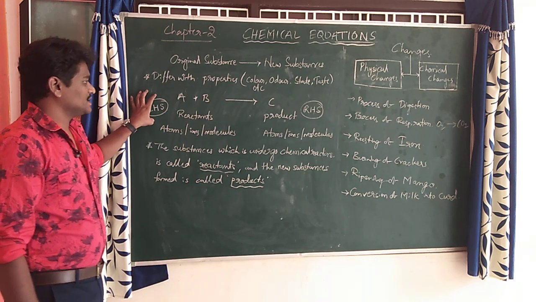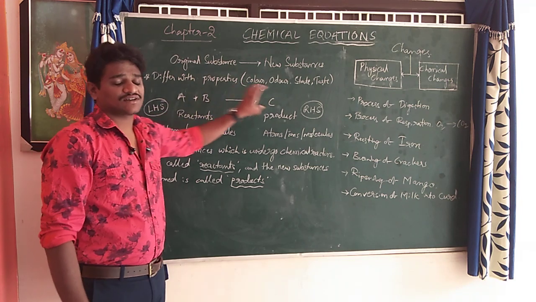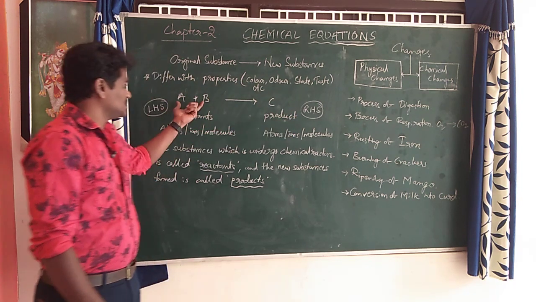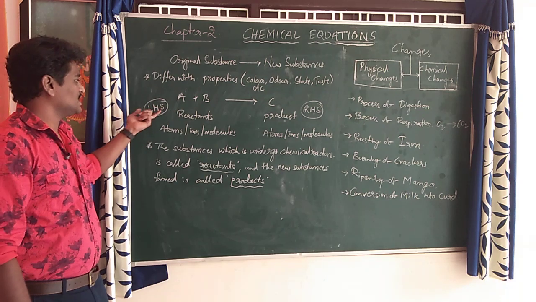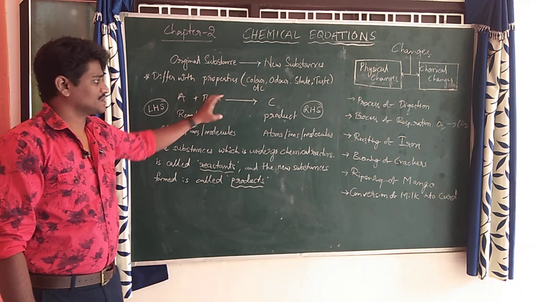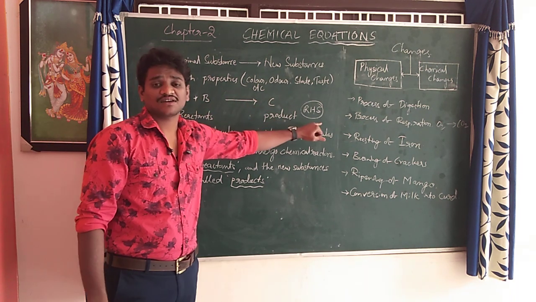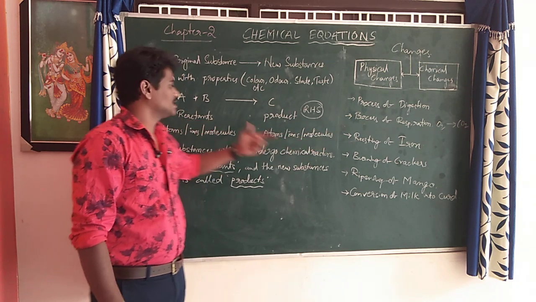For example, we are taking A plus B converting to C. In this, A plus B we should write on the left hand side of the reaction, and the product on the RHS, the right hand side of the reaction.